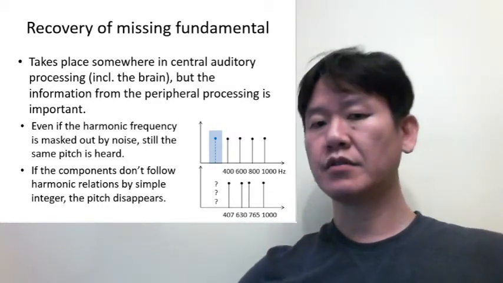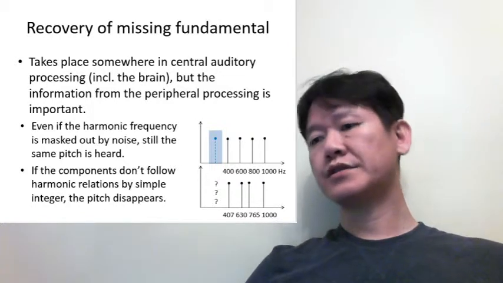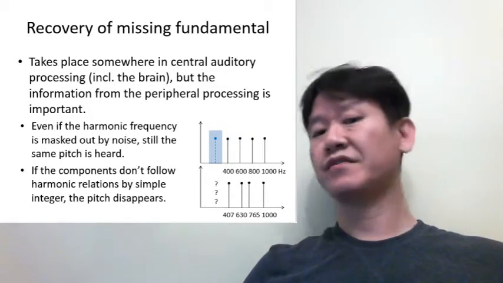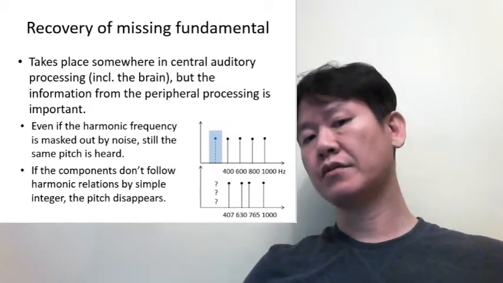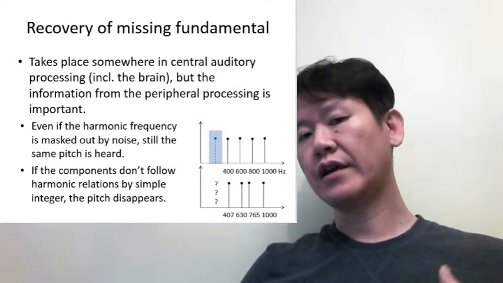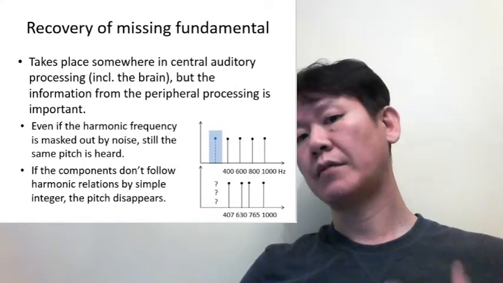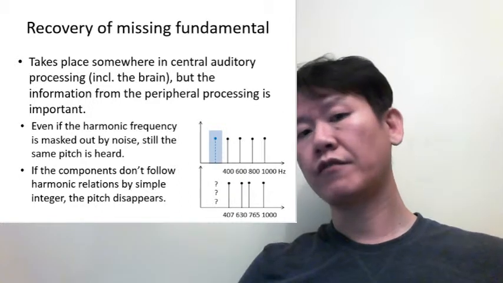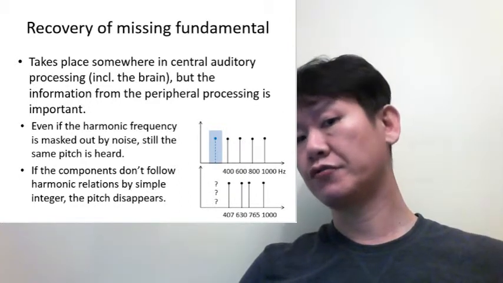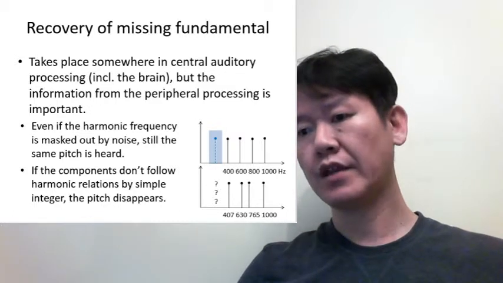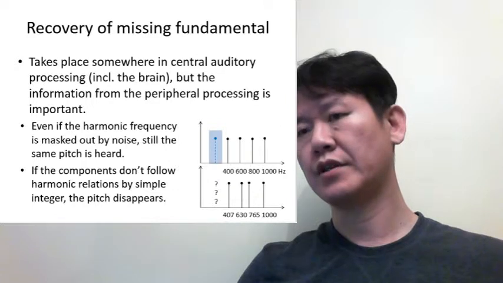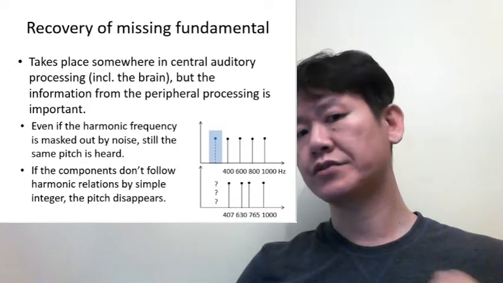In this example, 407, 630, 765, and 1000 hertz tone components are not in harmonic relation. Therefore, there's no fundamental frequency component to recover. So in that case, there's no pitch perception. There's no pitch we can associate easily.